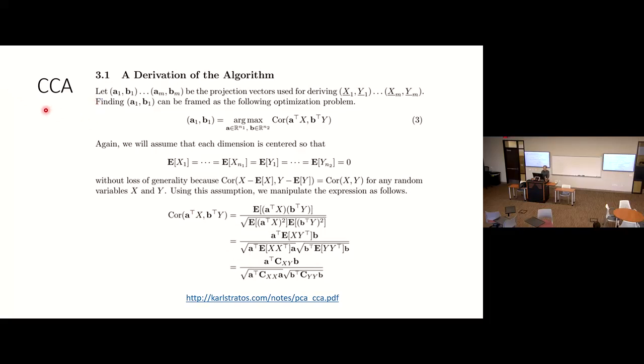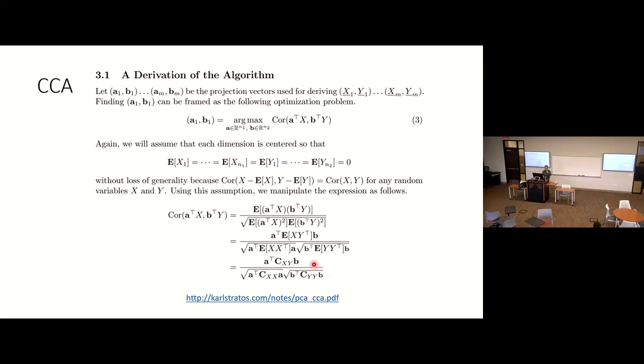So this is a mathematical expression of the CCA procedure. The goal is to maximize the correlation of the projected X and Y. So you have A and B. You can express the correlation between these two using that and transform it at the end into this form.